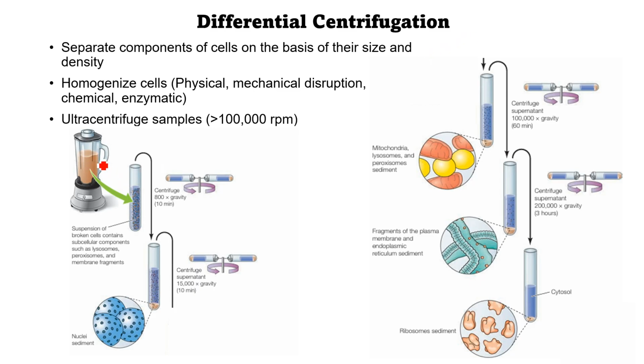Basically, first the cell is homogenized, which means it is disrupted, or the structure of the cell is broken down. Once it is broken down, the cell lysate that you get is centrifuged at 800 G. The supernatant is collected and again centrifuged at higher speed.